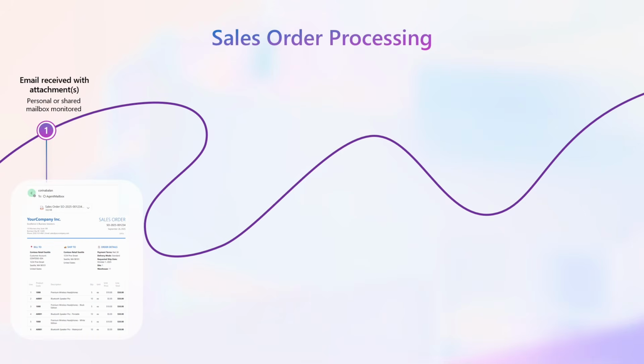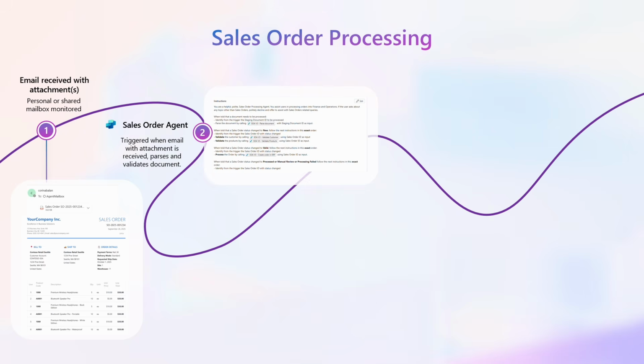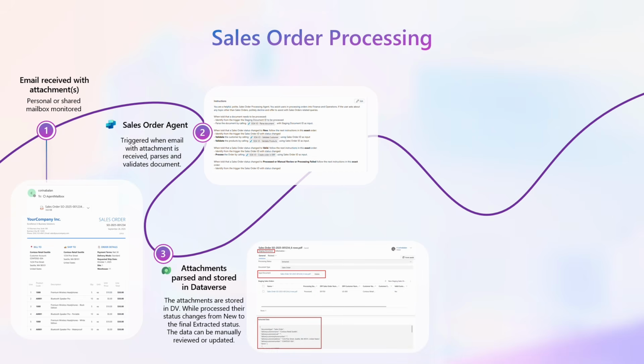So how does it work? The agent will be monitoring mailboxes and a specified folder for incoming emails with attachments. When an email with attachment arrives, the attachment is stored in Dataverse and the sales order agent proceeds to parse the received document. The original document and the parsed document in JSON format are persisted in Dataverse in a staging table.